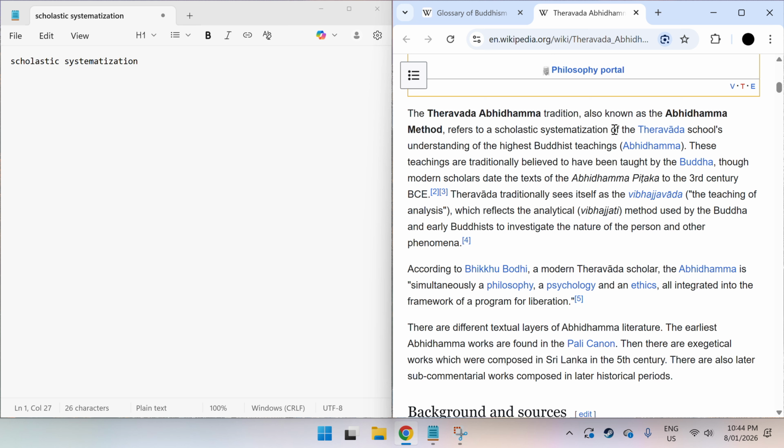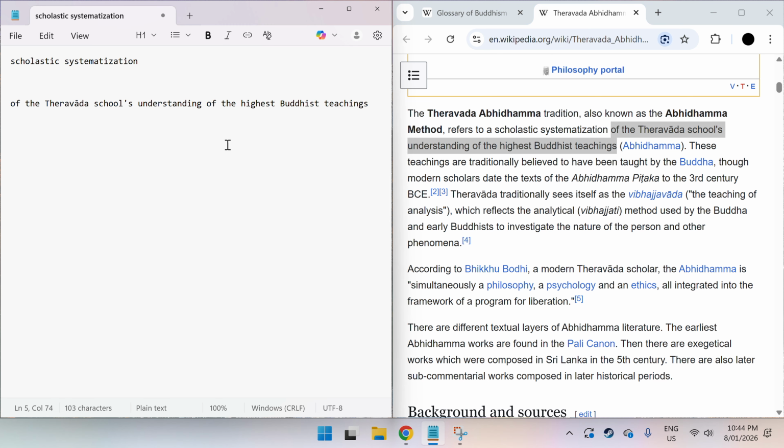So it is of the Theravāda school's understanding of the highest Buddhist teachings. Now, it should be understood that Theravāda is the oldest school of Buddhism. I think it means wisdom of the elders or teaching of the elders or something. I will look that one up.